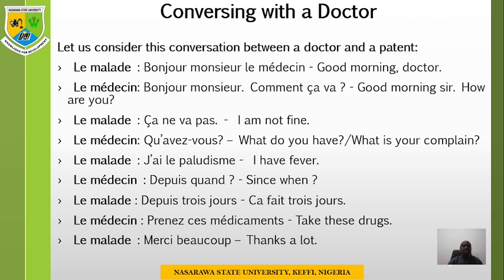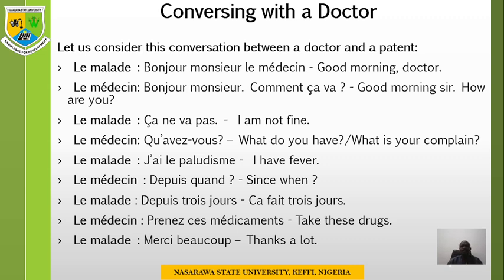Le médecin: Qu'avez-vous? It's a way of asking somebody what is happening to that person. What do you have? Or what is your complaint? Le malade: J'ai le paludisme. Le médecin now: Depuis quand?